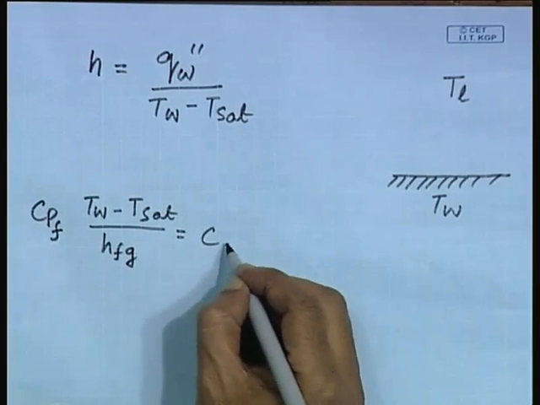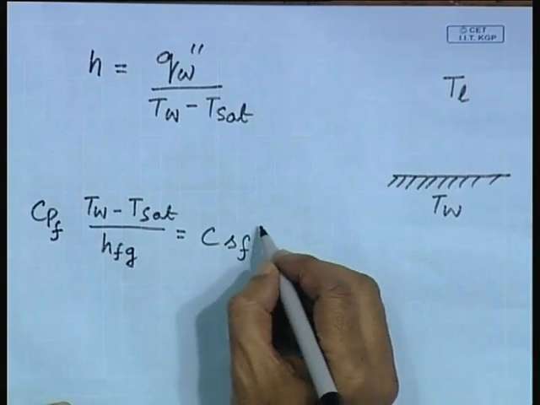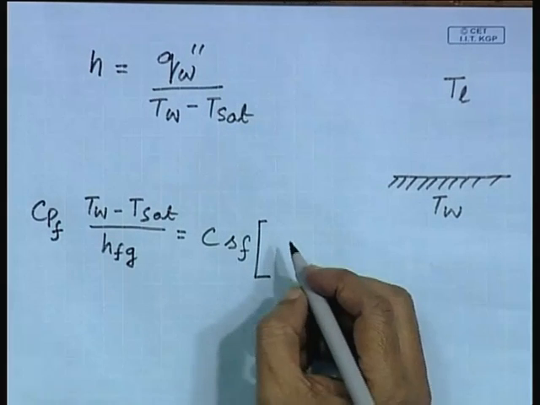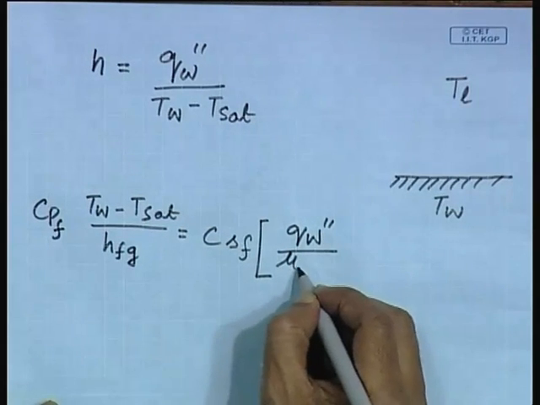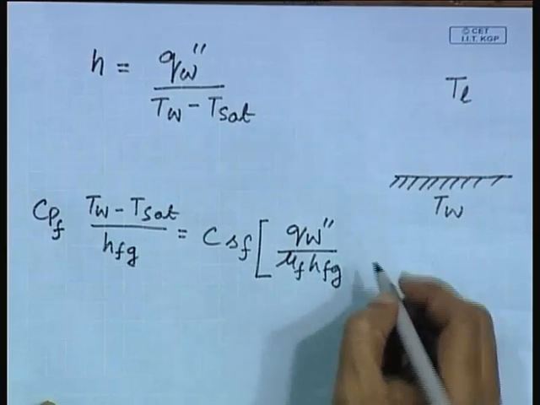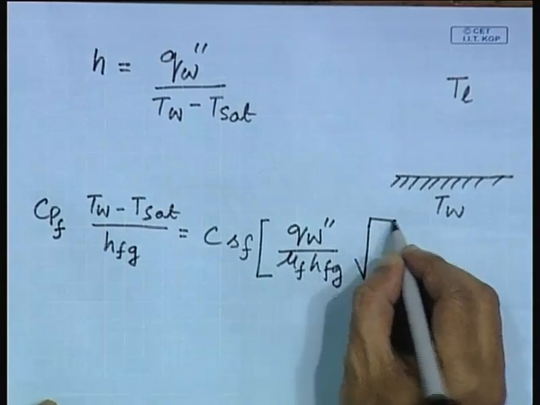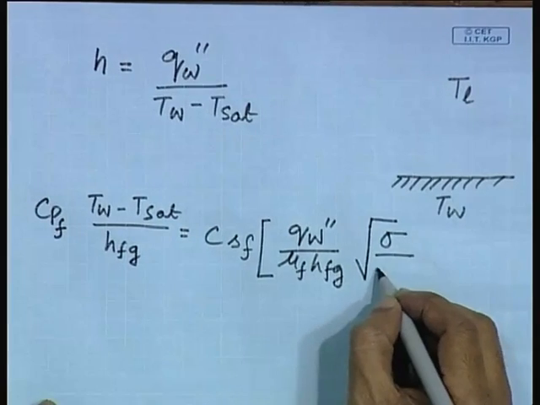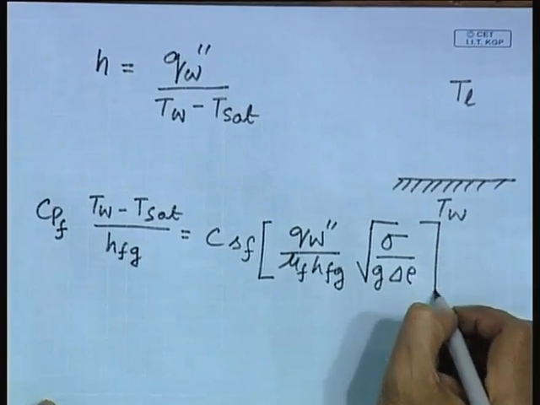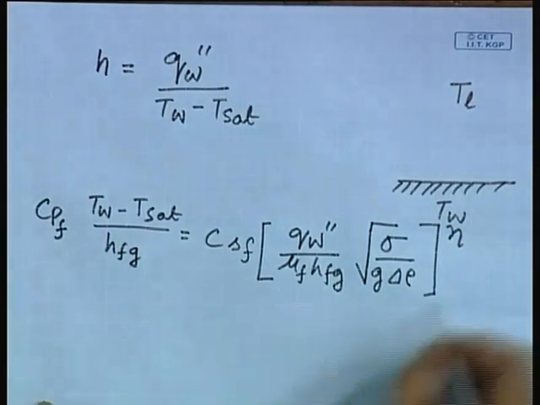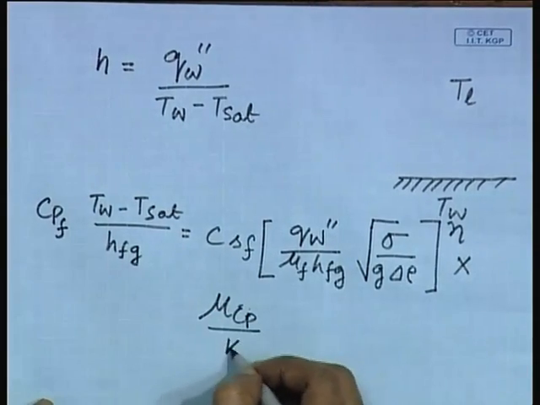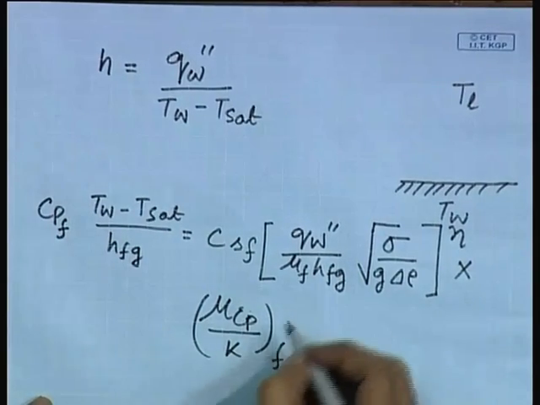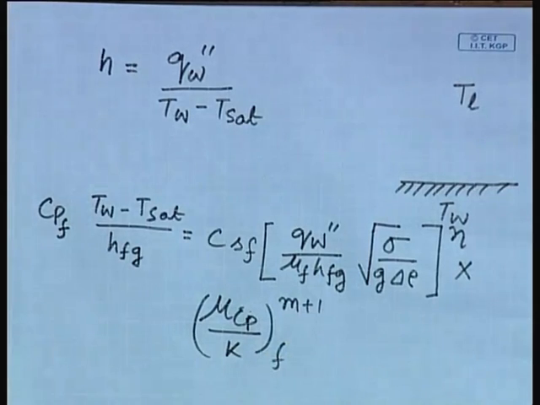So, this is equal to CSF within brackets, QW by mu F HFG, times the square root of sigma by g into del rho, to the power n, multiplied by mu Cp by K, determined at the fluid temperature, to the power m plus 1. So, the last term you can see is related to the Prandtl number.